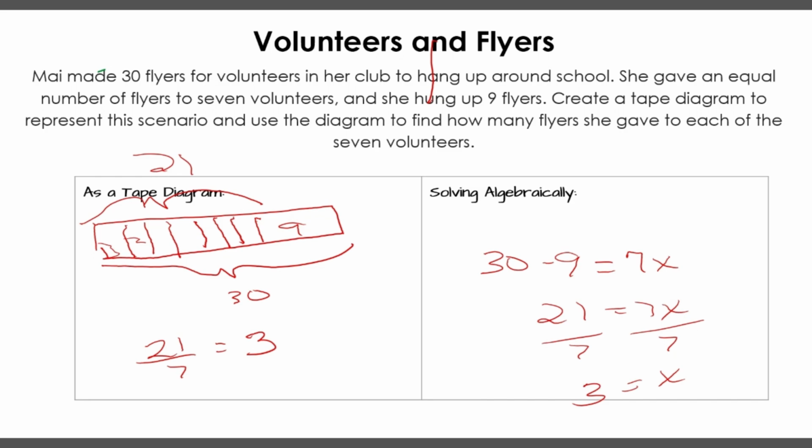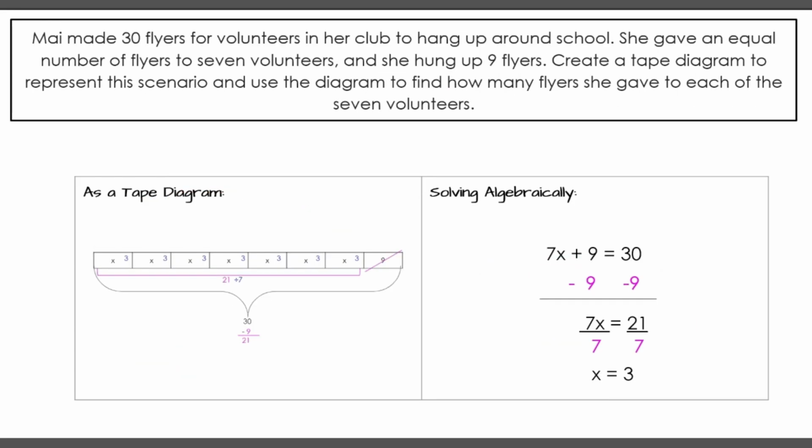Now there's many different ways you can set this up. This is just one way algebraically. So here it is, much cleaner and easier to read. So 9 is the part that May gave out. Then the rest is divided equally. And then you have X equals 3.